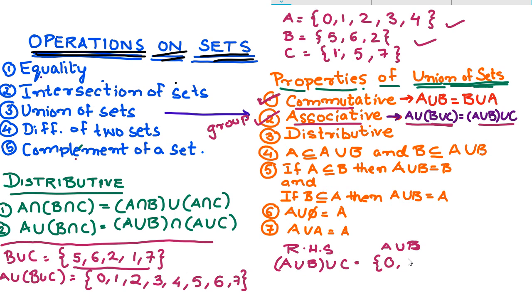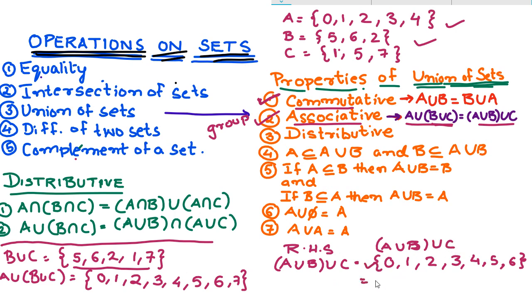Okay, so 0, 1, 2, 3, 4, 5, and 6. So that forms our A union B, and after getting this set, let's find out the union with C.